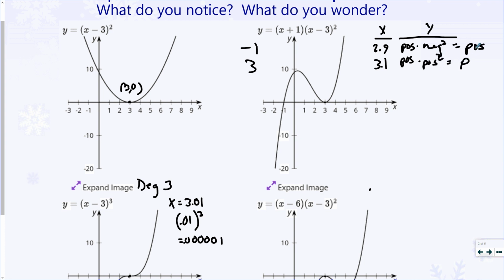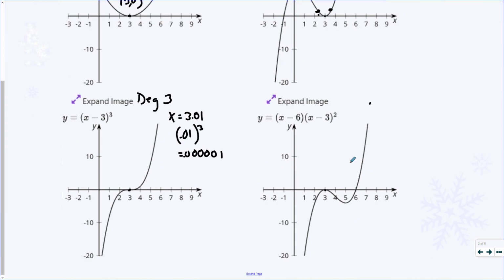And positive times positive times positive is positive. So that's why both sides here are going to be positive. A way to think about it is like the 3 comes after the other x-intercept. And so when you plug it into the solitary factor, it's creating a positive number. Compare that to this one down here.